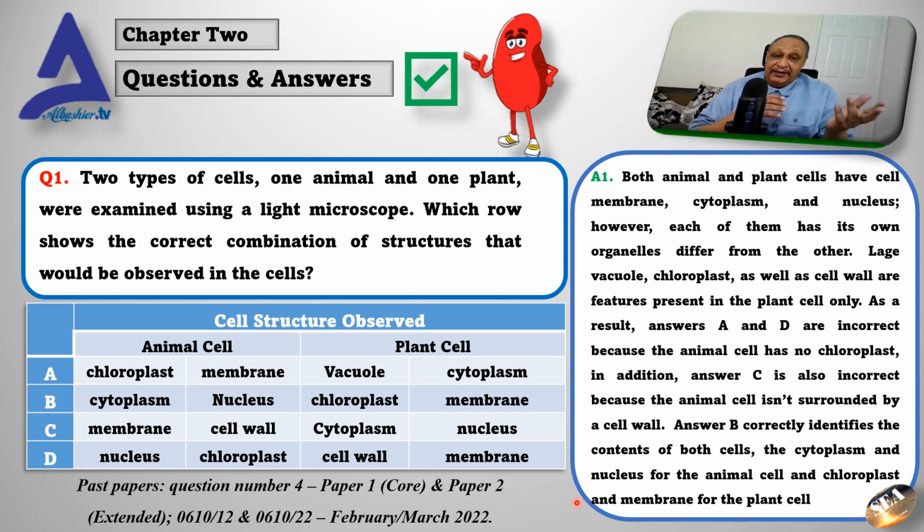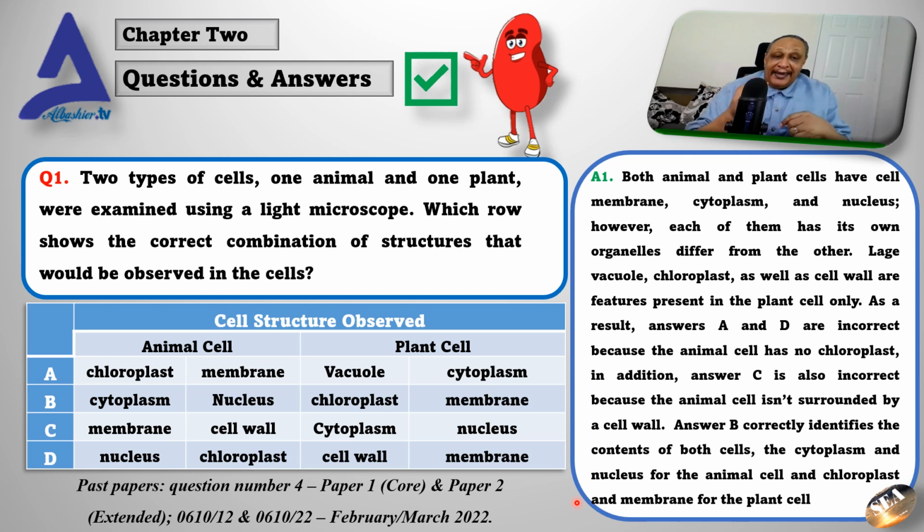In C, membrane and cell wall: the cell wall is present under the animal cell. That's wrong because cell wall is specific to the plant cell. Number D, nucleus and chloroplast, both of them are under the animal cell. This is wrong because chloroplast is specific to the plant cell.